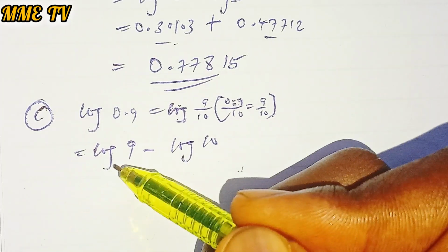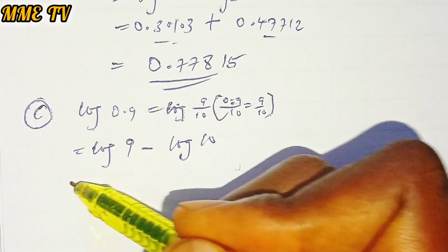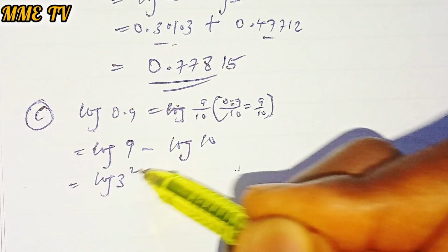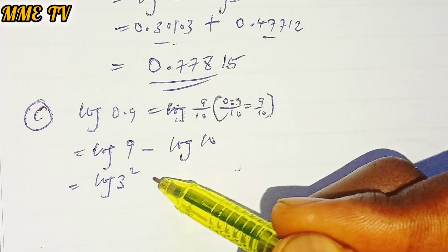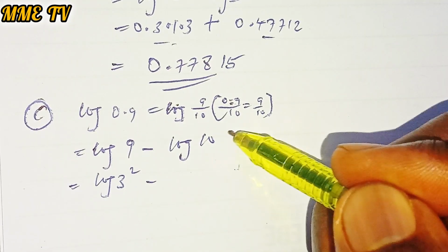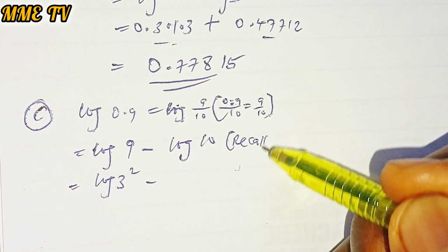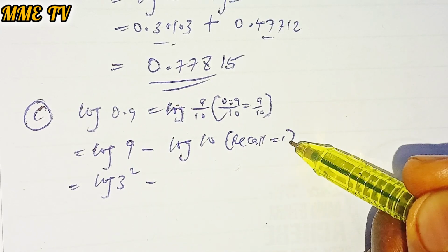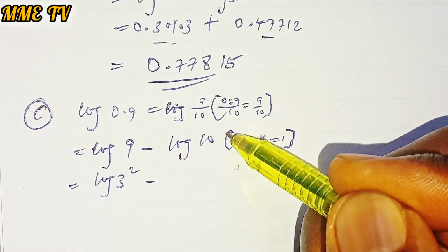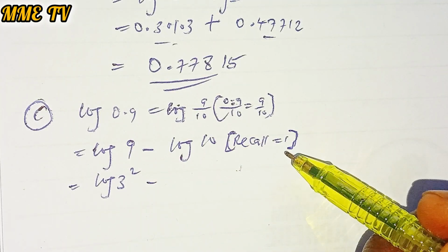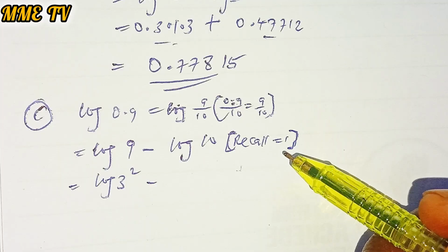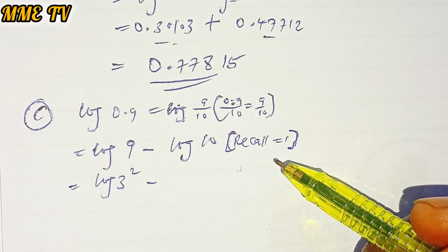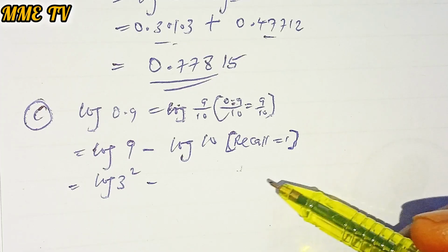Remember that log 9 is the same as saying log 3 raised to the power of 2, minus, if you recall, we said that log 10 is equal to 1. Log 10 is equal to 1. For the doubting Thomases, don't forget you can use your calculator and type in log 10. You will see that the value is going to be 1.